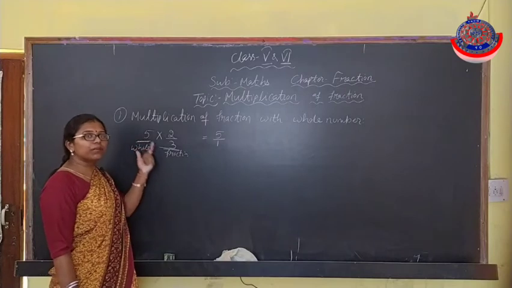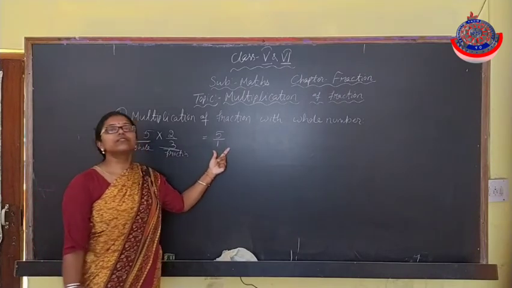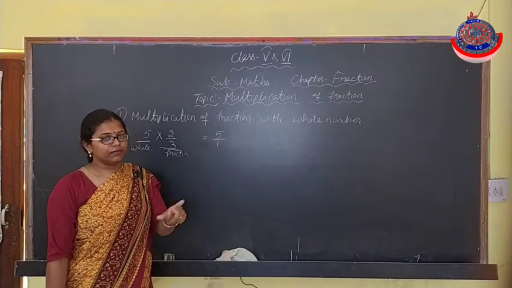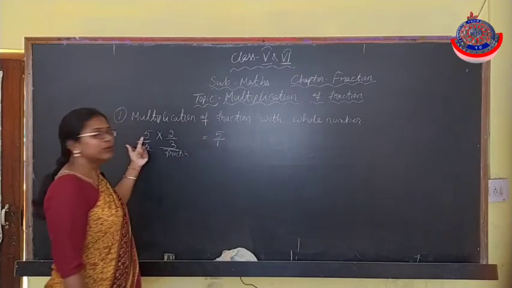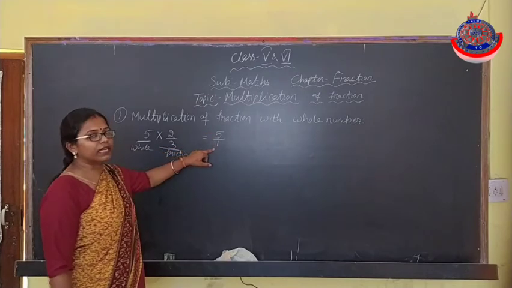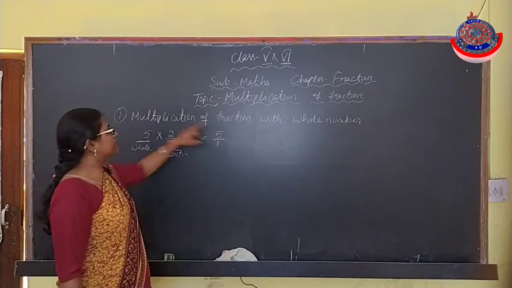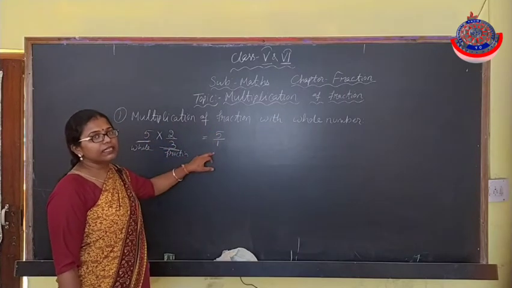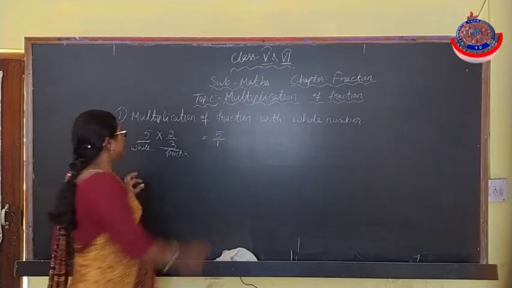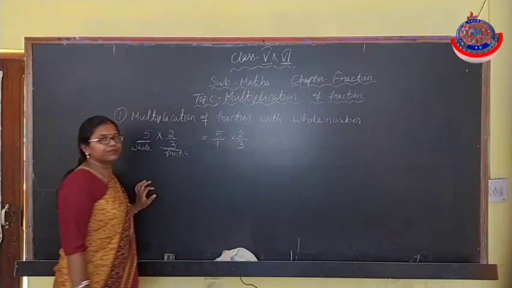The whole number can also be written as a fraction by considering the denominator as 1, because 5 divided by 1 equals 5. That's why we can write this as 5 by 1. Now it is in the fraction format. 5 can be written as 5 by 1 into 2 by 3.